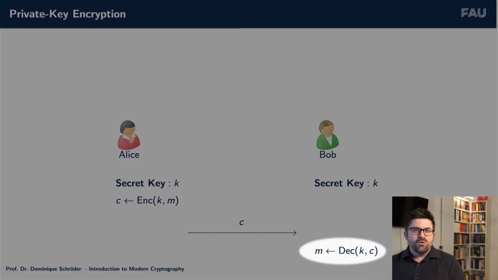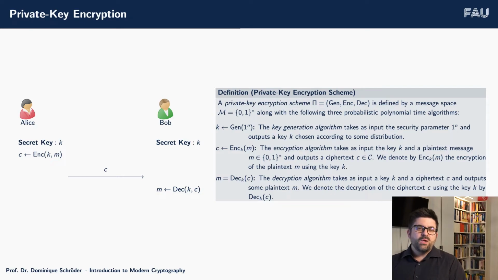Obviously, as we said before, the key must come from somewhere, and this is usually expressed in terms of a key generation algorithm. The way we work in cryptography is by first looking at these intuitive pictures and understanding, okay, these are the intuitive operations that we would like to have.